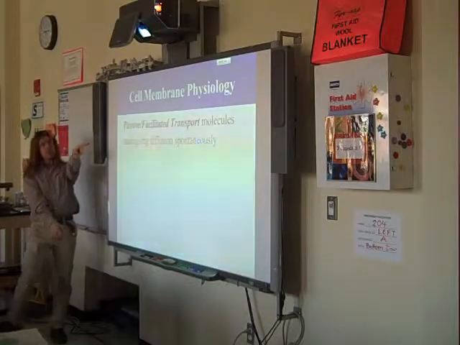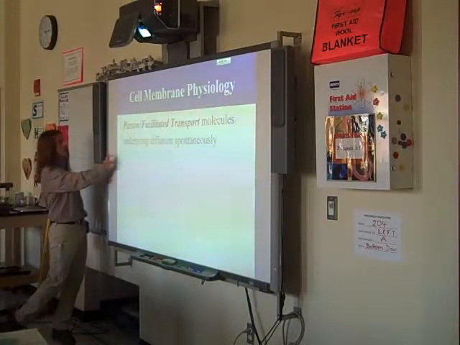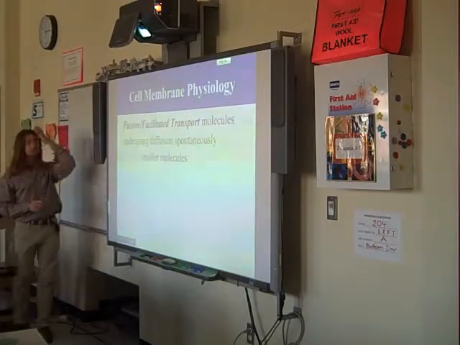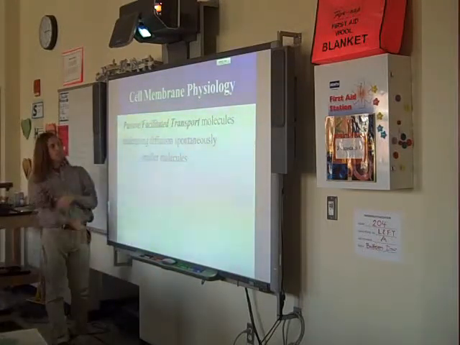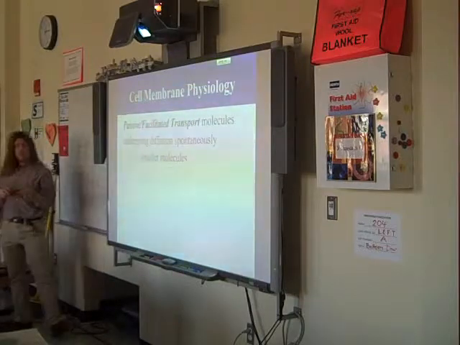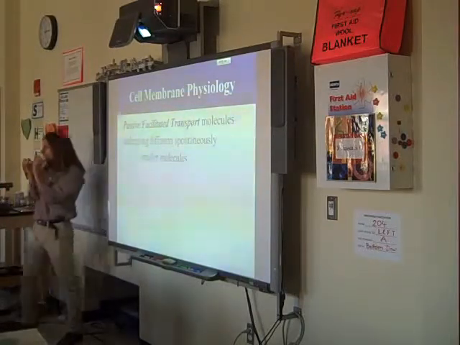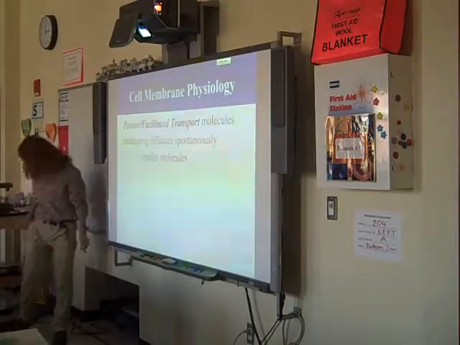Now passive transport occurs if two conditions are met. One of them is that the molecules generally have to be small. Things are much more likely to move on their own or be moved by the universe if they don't have a lot of weight or mass to them.